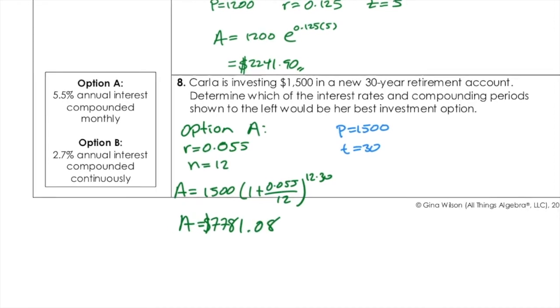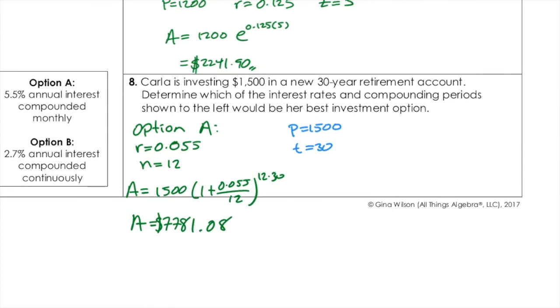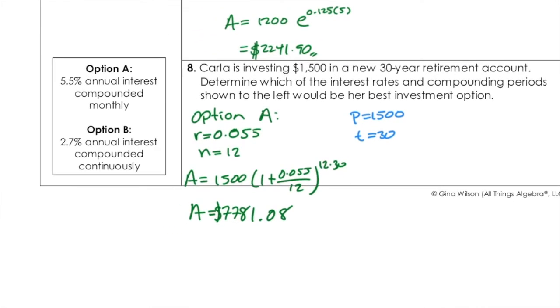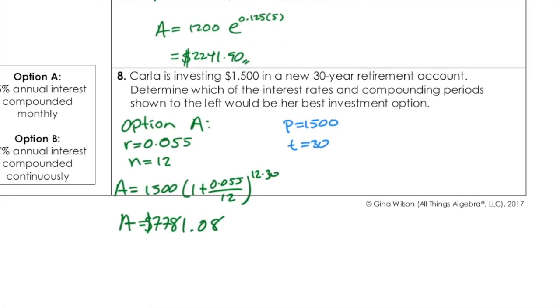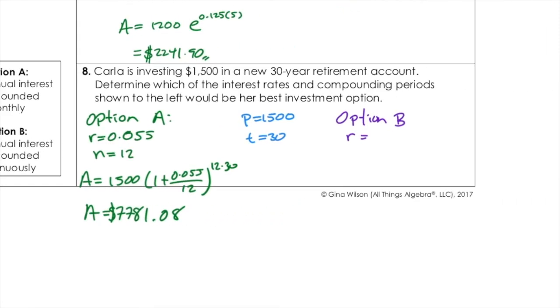Let's check what happens when it's compounded annually at 2.7%. For option B, R is going to be 0.027. In this case, there's no N, because it's compounded continuously. So A equals 1,500 times e to the 30 times 0.027, right?